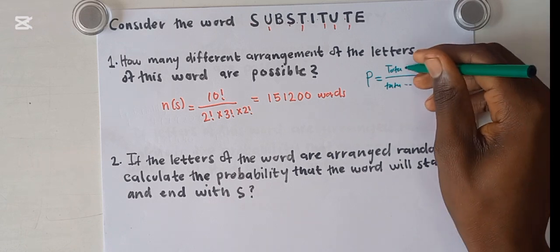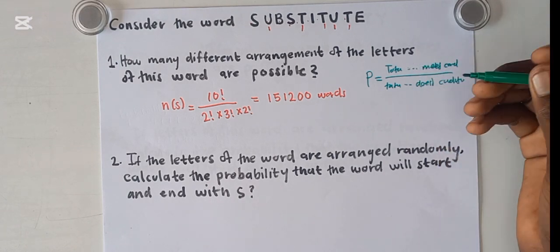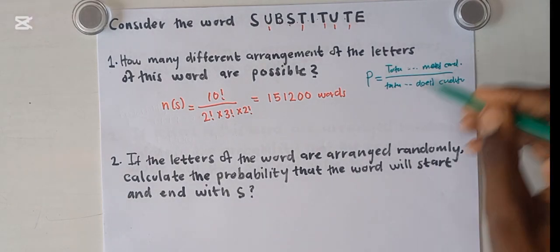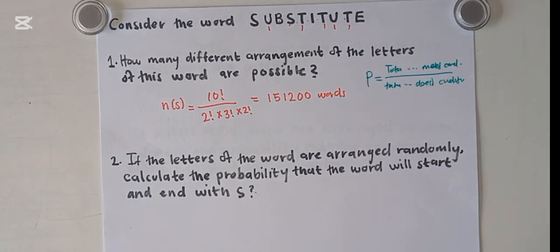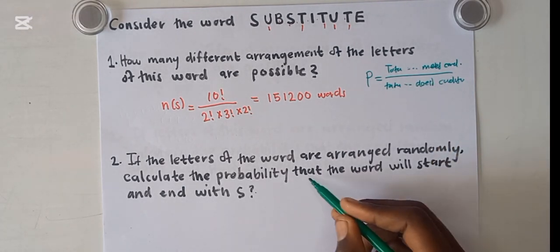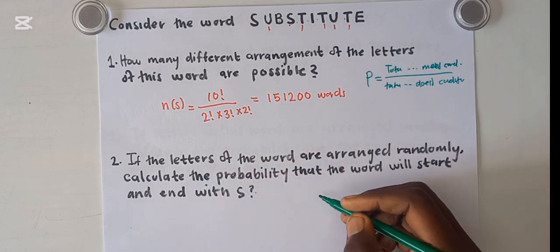So here we're just going to find the total number of ways that can be formed that follow the condition, which is the one they give us here, and we're going to get the probability at the end of the day. So what is the condition? They say the probability that the word will start and end with s.